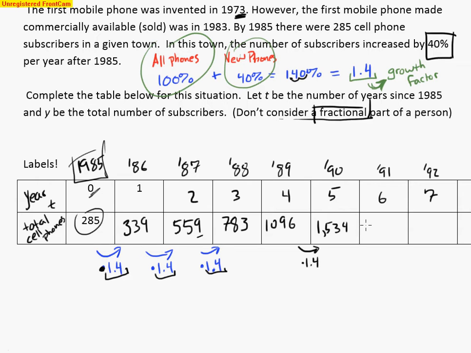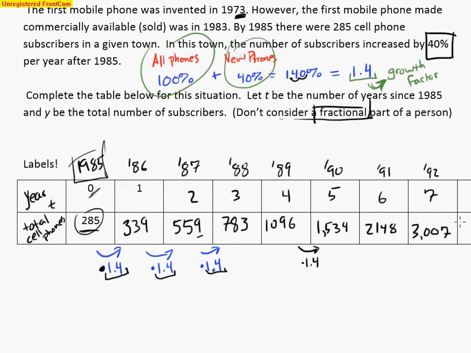Next number, I'm going to have 248, 2,148, and then I think it's 3,007. So I started off with only about 300 people, 285, and I'm ending up with 3,000 people in just 7 years. Okay, so I'm growing pretty fast.